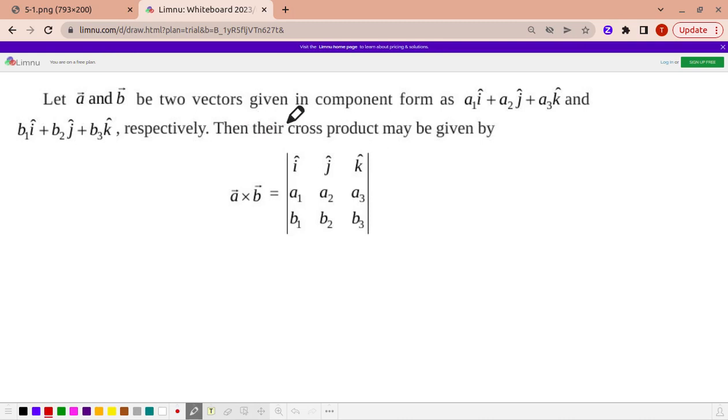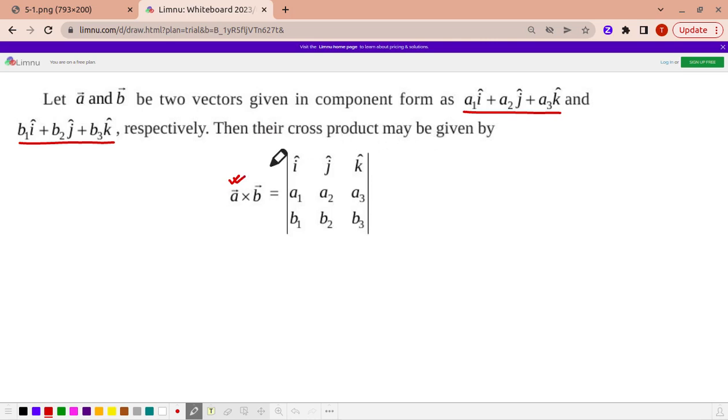Let A and B be two vectors given in component form, and what is that? The vector A is written as A1 i cap plus A2 j cap plus A3 k cap, and vector B is represented as B1 i cap plus B2 j cap plus B3 k cap. Then A cross B is a 3 by 3 determinant, and what is that?